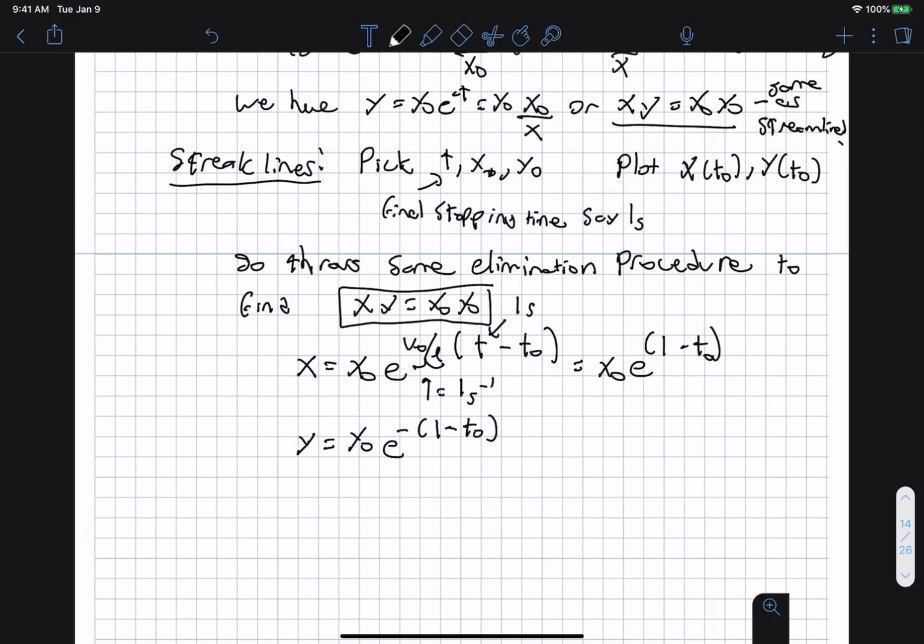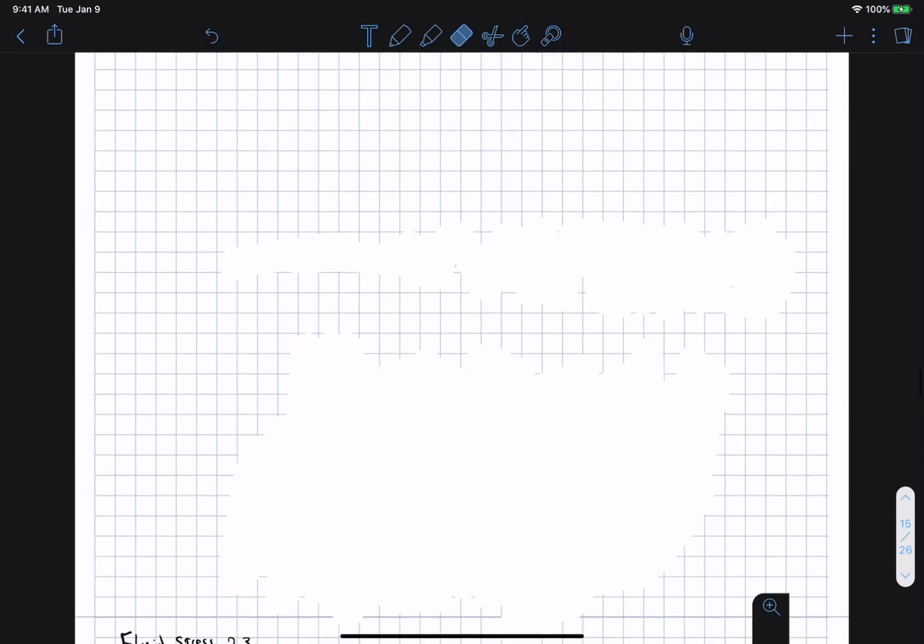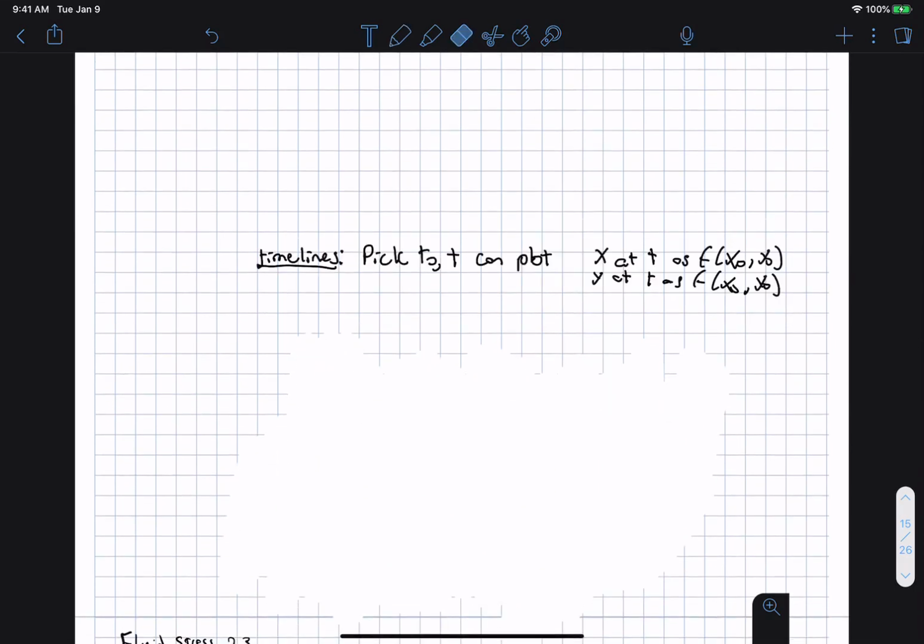Well, how do we do that? For the timeline, we pick t naught and t, and we plot the position of the particle at a given time t as a function of the initial position of the particles.